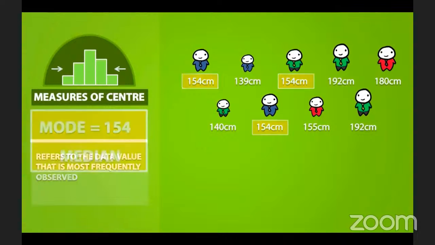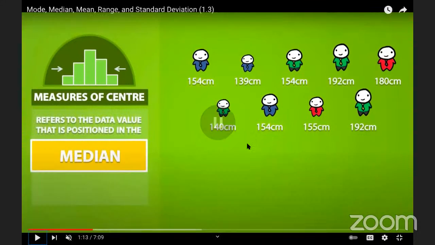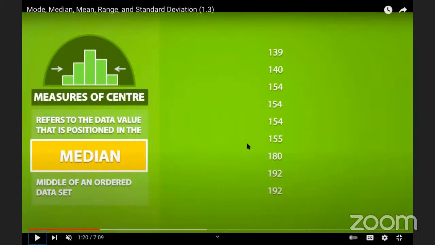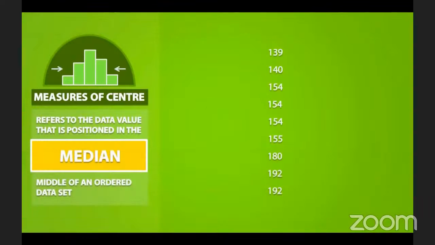Now, once you decide your mode, you have to identify the median. The data value that is positioned in the middle is called the median. How would you know which comes in the middle? For that, you have to place all the values in order, from the smaller number to the larger number. This data will be arranged from 139 to 192, with the smallest number on top and the highest at the end.